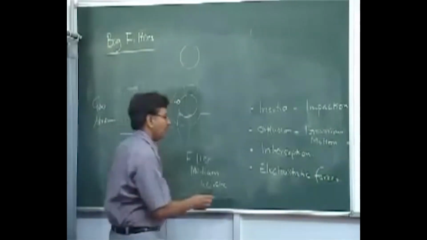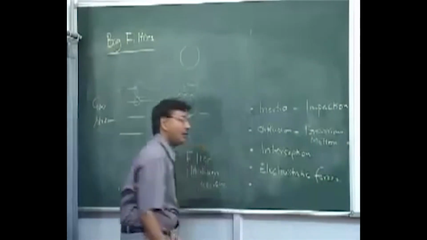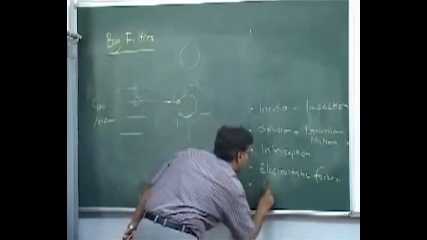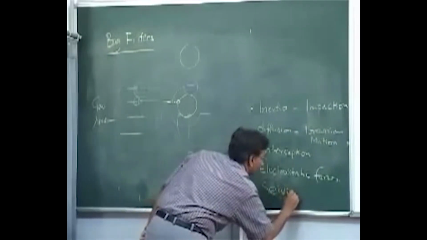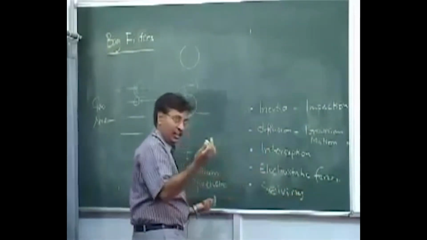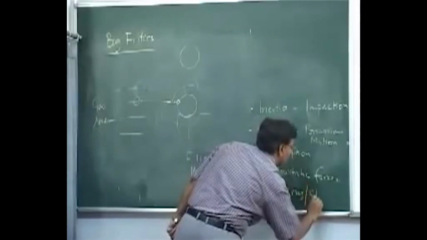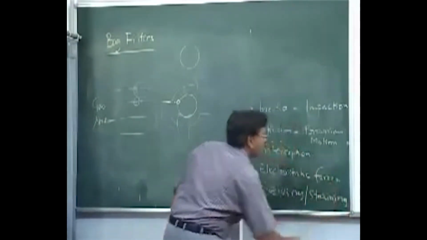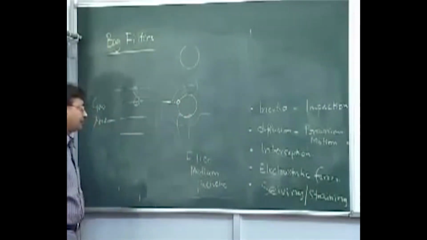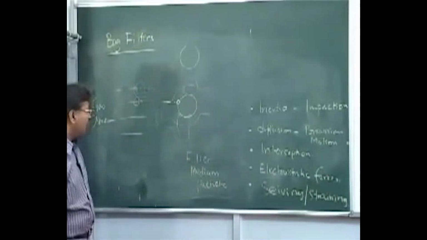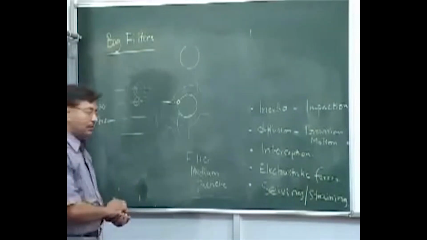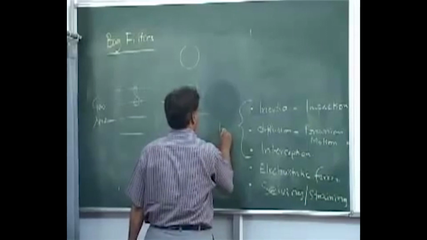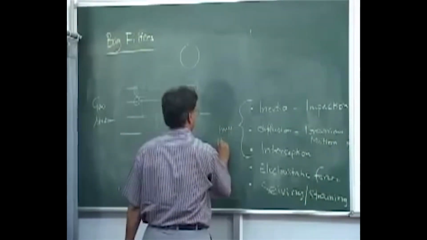So another mechanism, not of great importance, is sieving or straining, if you like. So these are the important mechanisms, the most important being these three things.